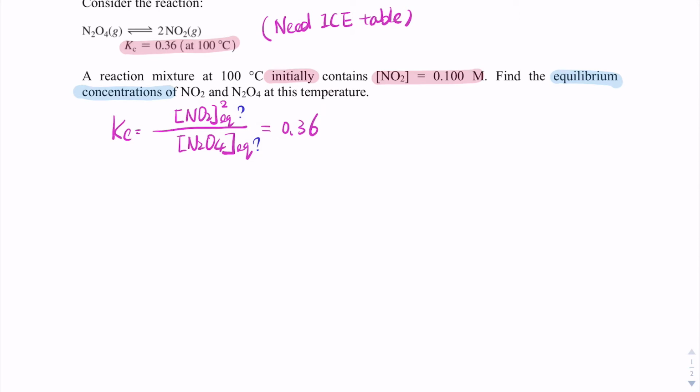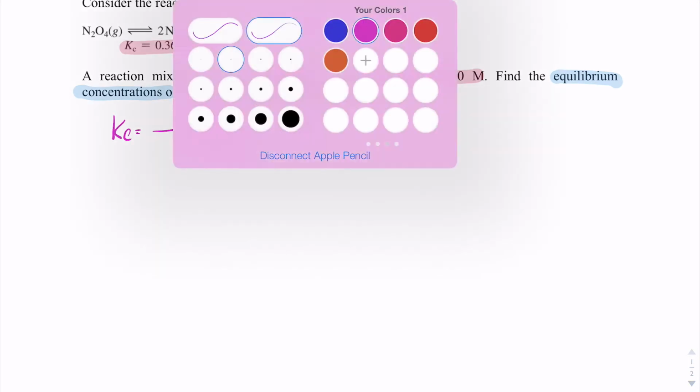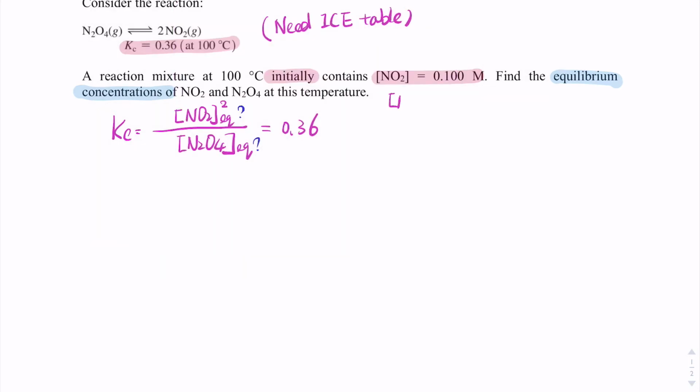The given information is that the initial concentration of NO2 equals 0.1. We need an ICE table to help us find the expressions for the concentrations at equilibrium.